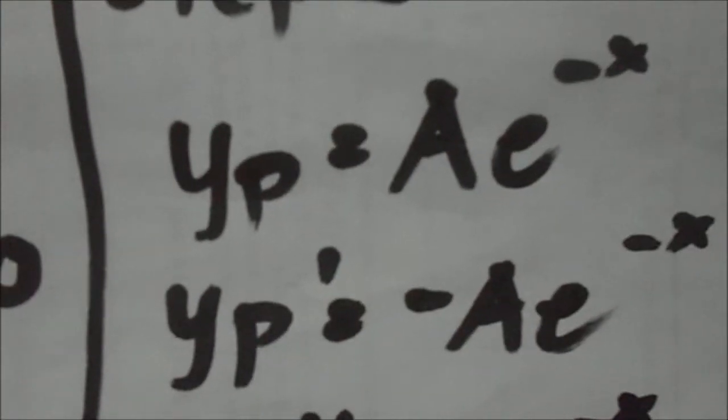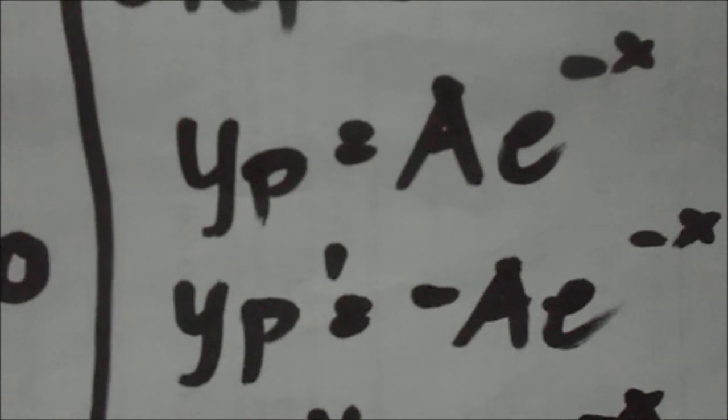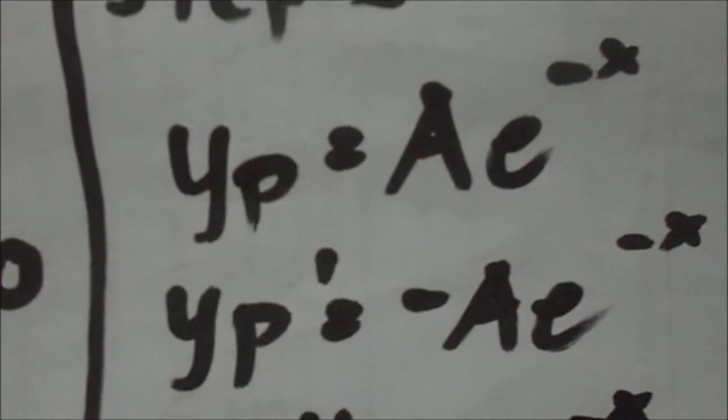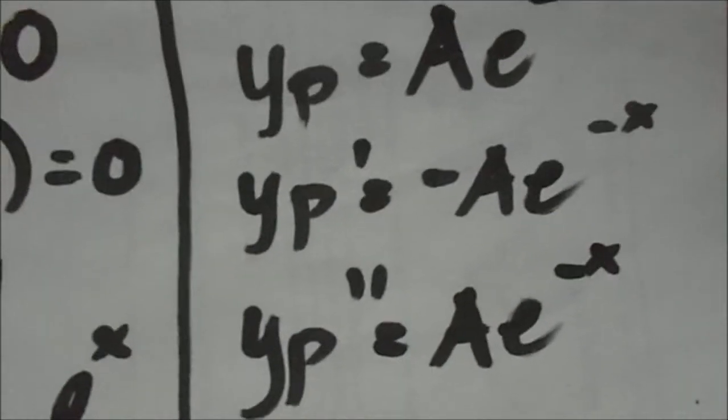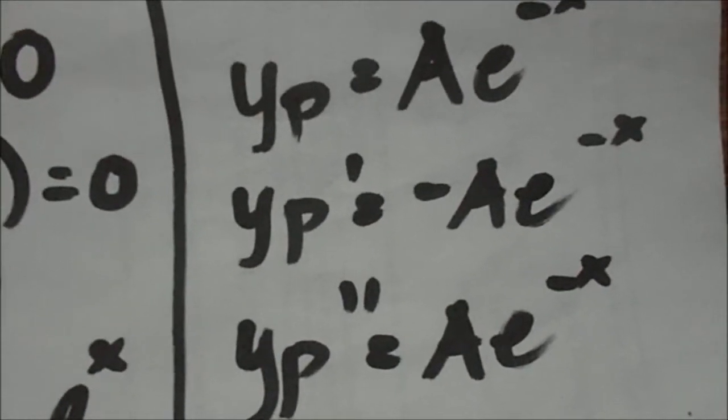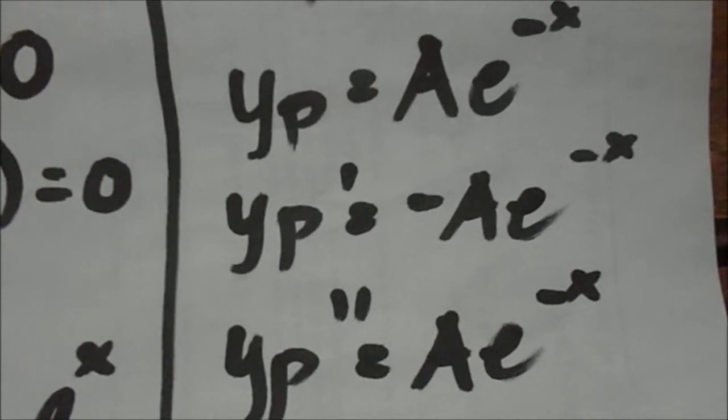So we have yp is equal to a e to the negative x, yp prime is equal to negative a e to the negative x. This is me finding the derivative. Then yp double prime is equal to a e to the negative x.